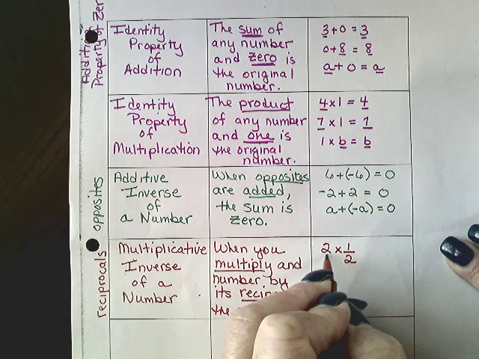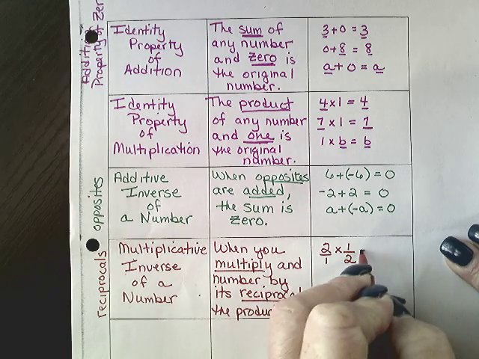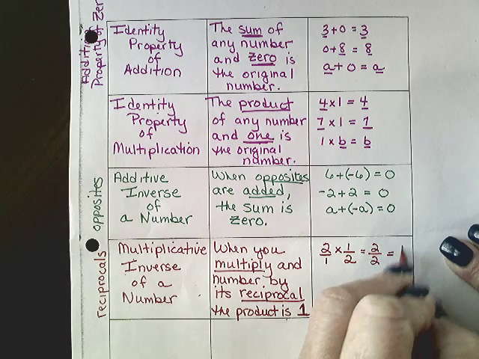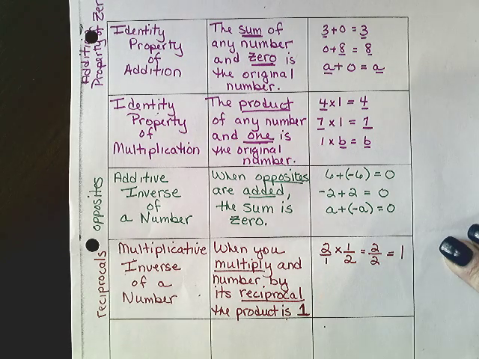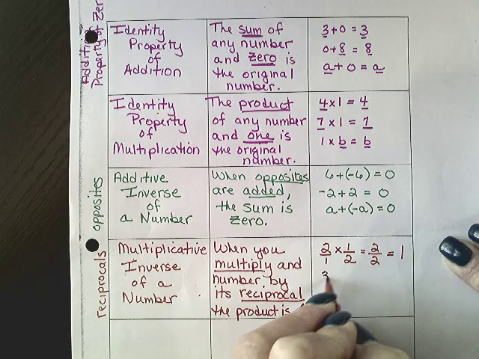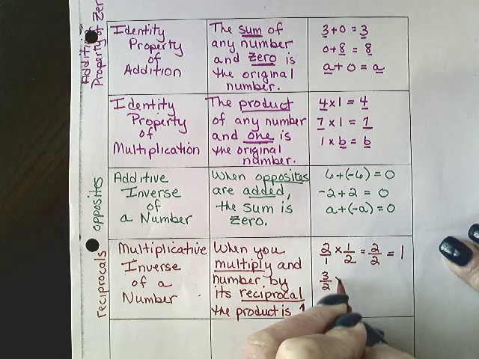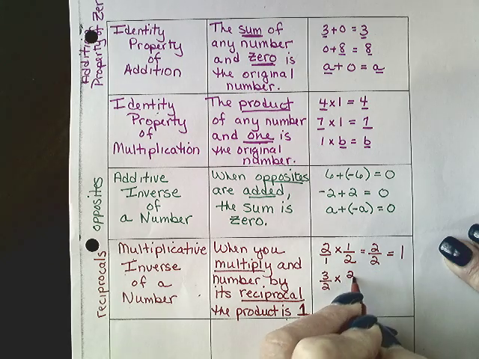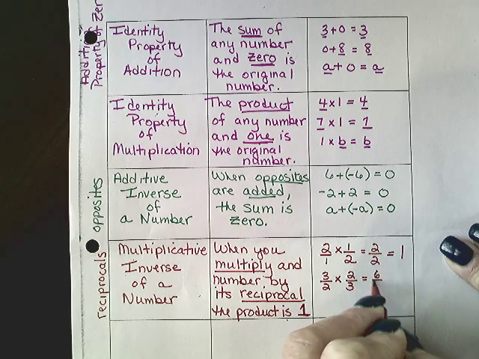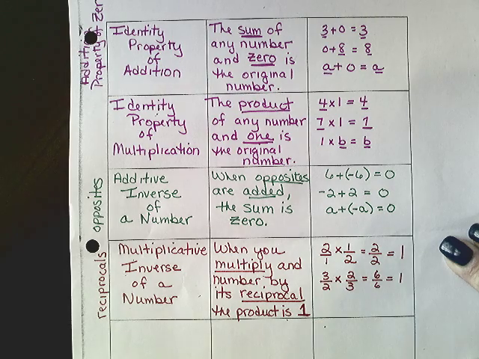Now remember, I can make this into a fraction by putting it over 1. Then that's going to give me 2 over 2, which is equal to 1. If I multiply 3 over 2 times its reciprocal, which is 2 over 3, that would get me 6 over 6, which is equal to 1.